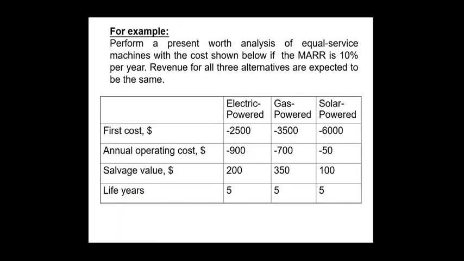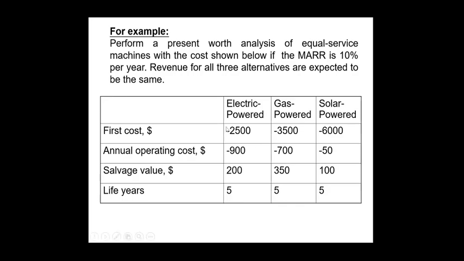Okay, and we can draw the cash flows for each alternative. The cash flows include 5 periods.